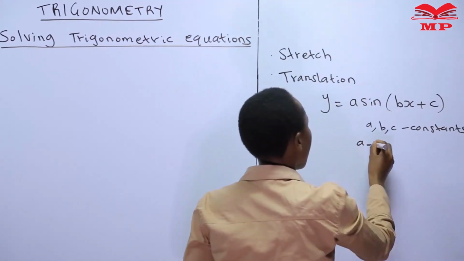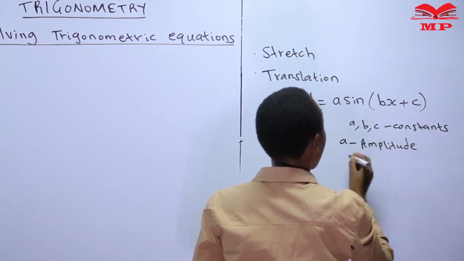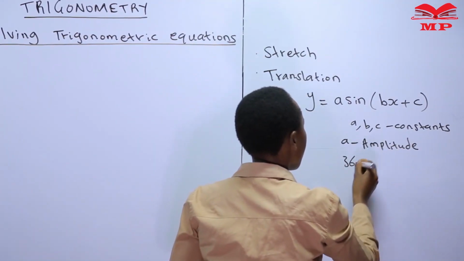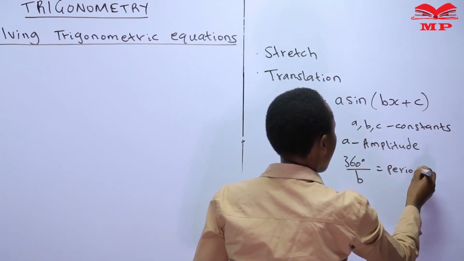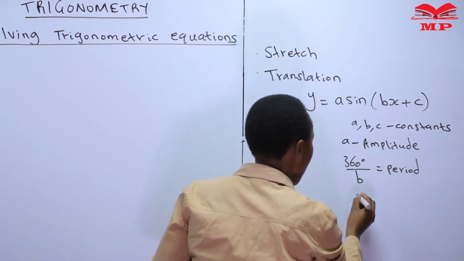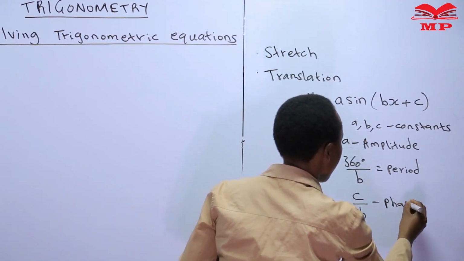We say that a is the amplitude. Then 360 degrees divided by b is the period. Then we have our c, all over b, which is the phase.